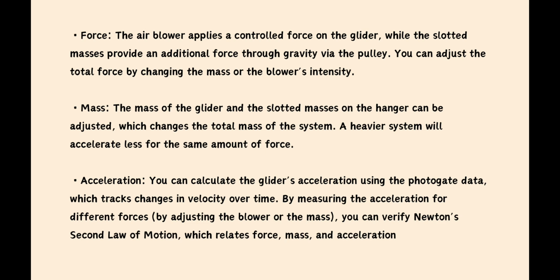A heavier system will accelerate less for the same amount of force. Acceleration. You can calculate the glider acceleration using the photogate data, which track changes in velocity over time. By measuring the acceleration for different forces by adjusting the blower or the mass, you can verify Newton's second law of motion, which relates force, mass, and acceleration.